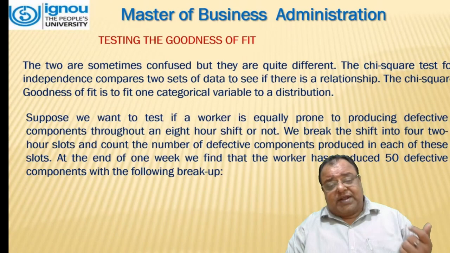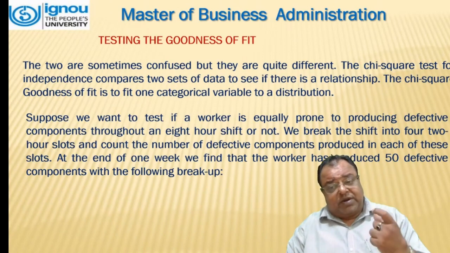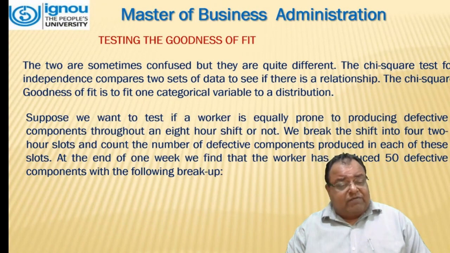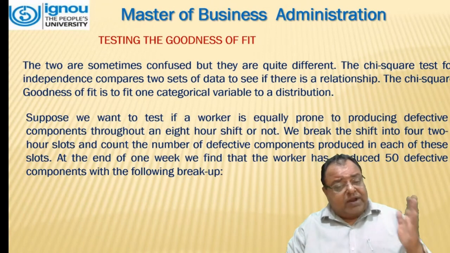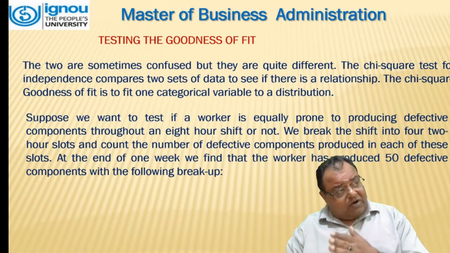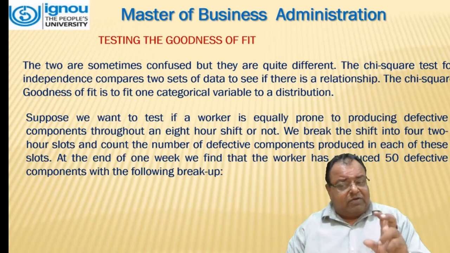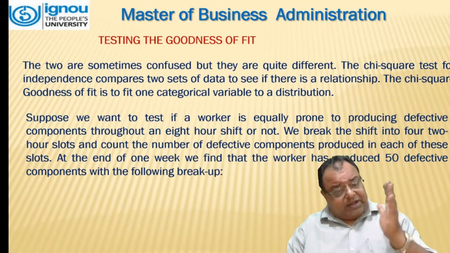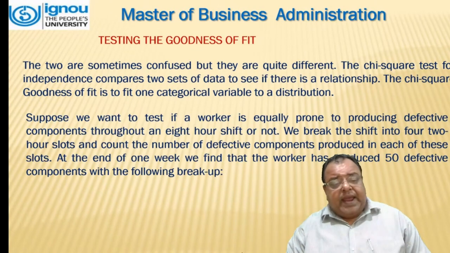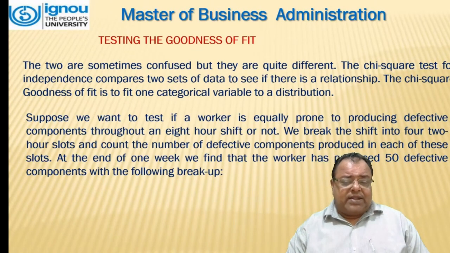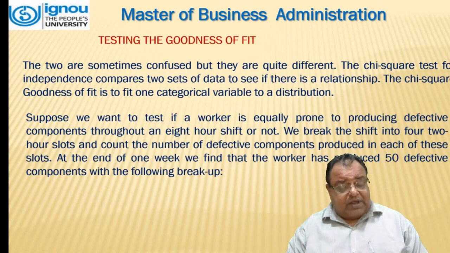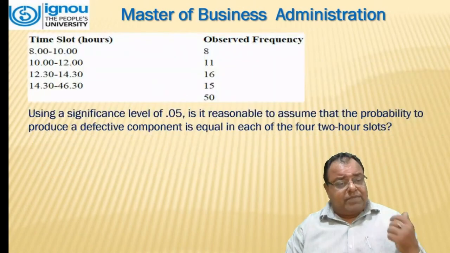Suppose you want to test if a worker is equally prone to producing defective components throughout an 8-hour shift or not. We break the shift into 4 2-hour slots and count the number of defective components produced in each of these slots. At the end of 1 week, we find that the worker has produced 50 defective components in the following breakup.